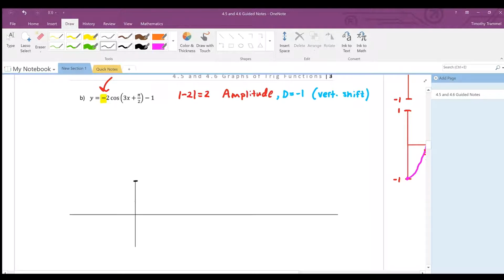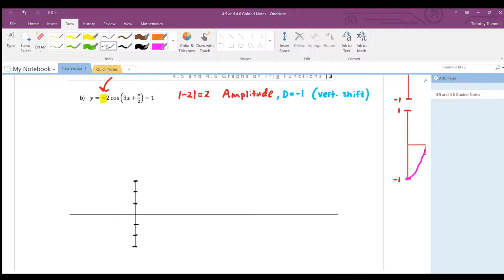So there's the top, and then again thirds. Okay, so our y-axis is all set up here now.